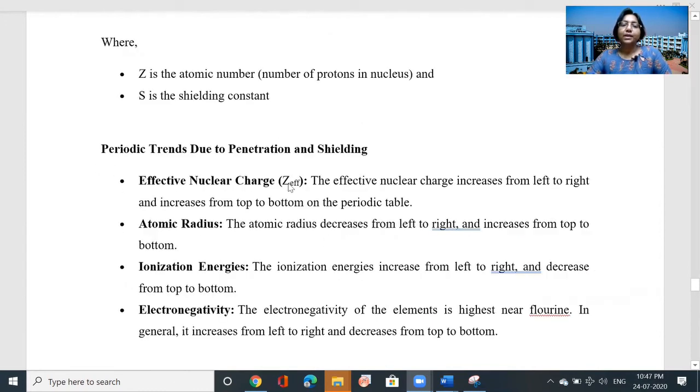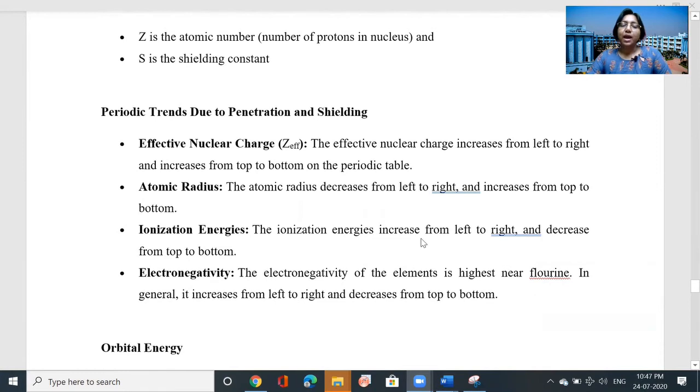So, periodic trends due to penetration and shielding. You have learned two things: one is penetration, another is shielding. So what will be the periodic trends? Number one, effective nuclear charge.